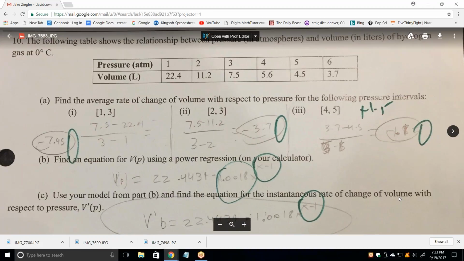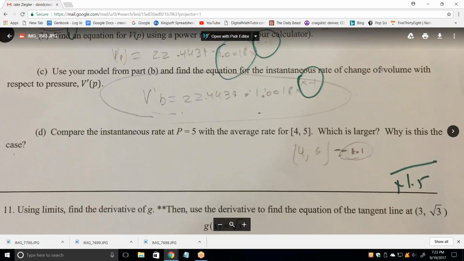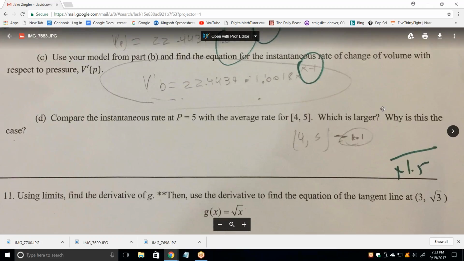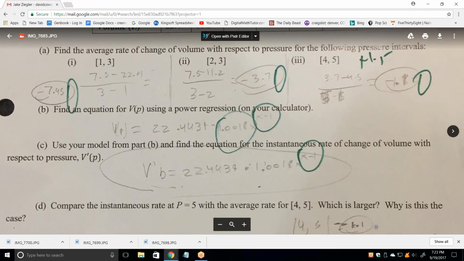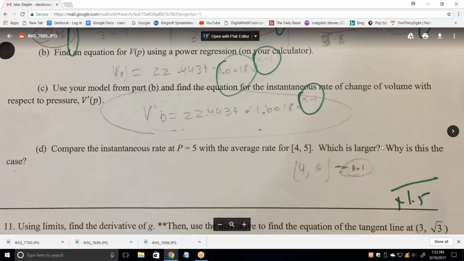Scroll down here. Okay. Well, what do we have to do? We know what V of P is, right? Even though you don't have it right here. Let me write what V of P is again.